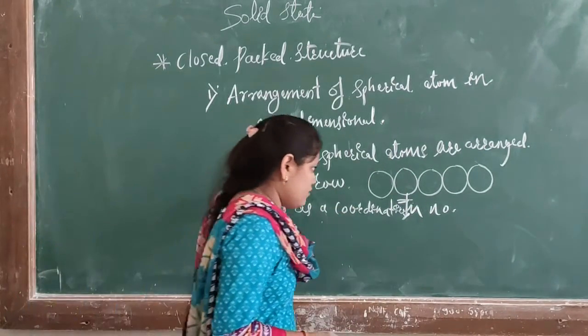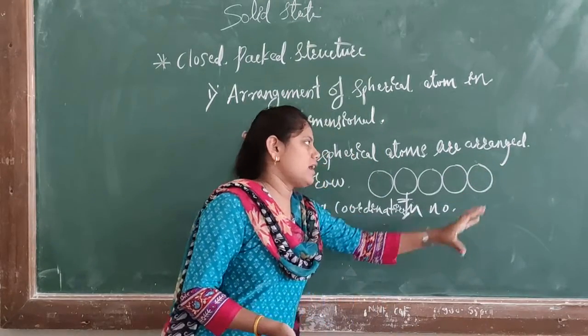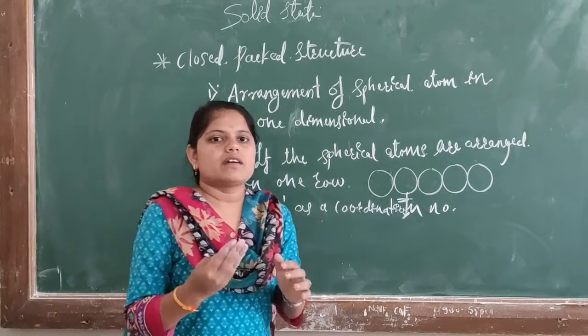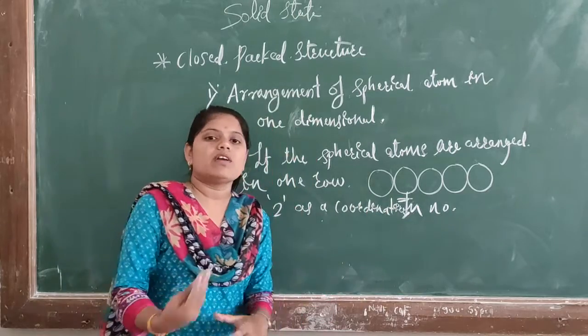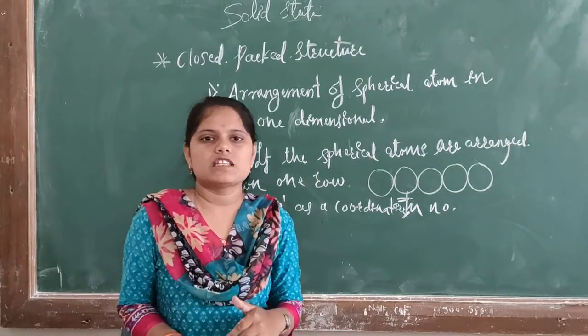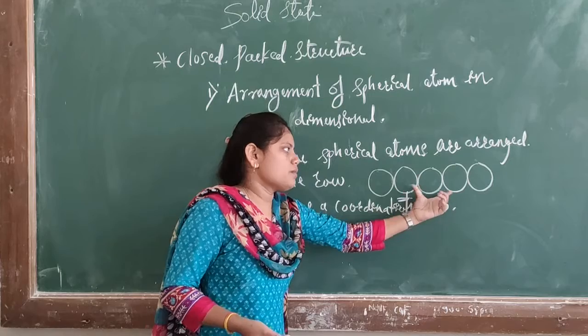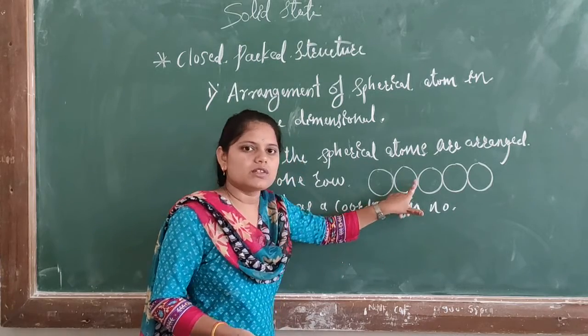If the atoms are arranged in this manner, they have a minimum vacant space. Vacant space means empty space. There is a minimum vacant space between the two atoms.